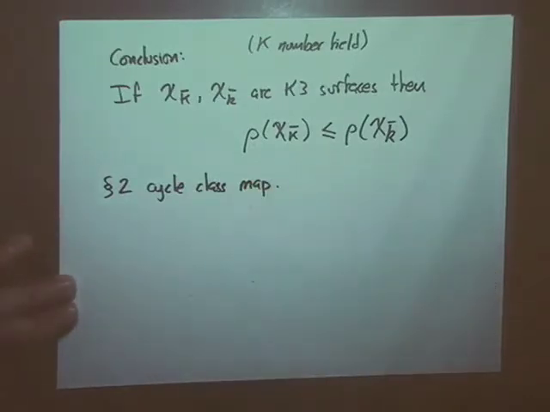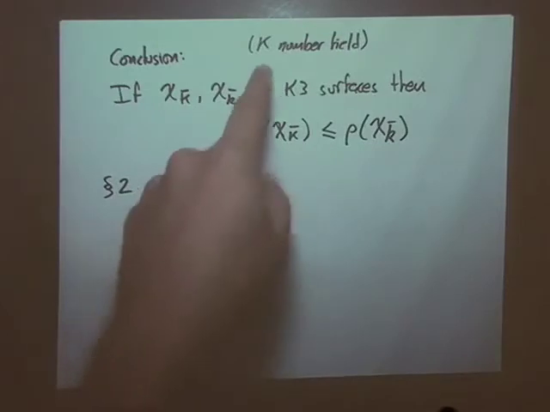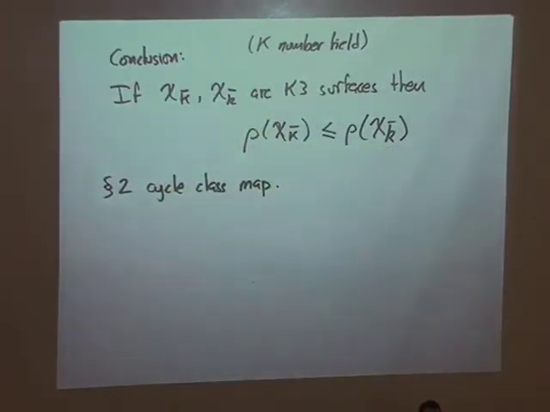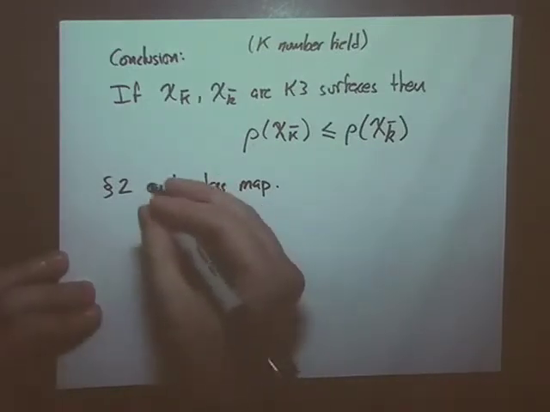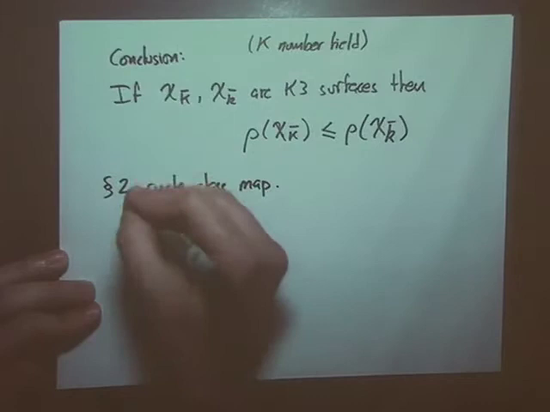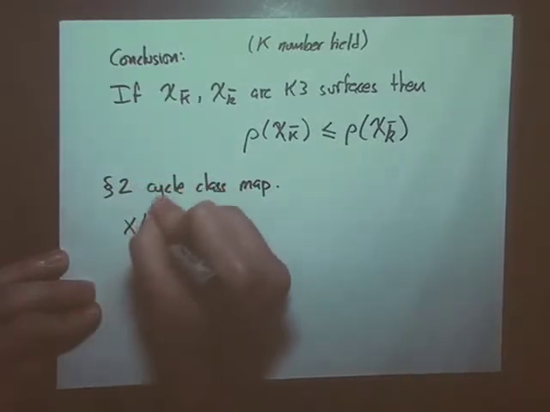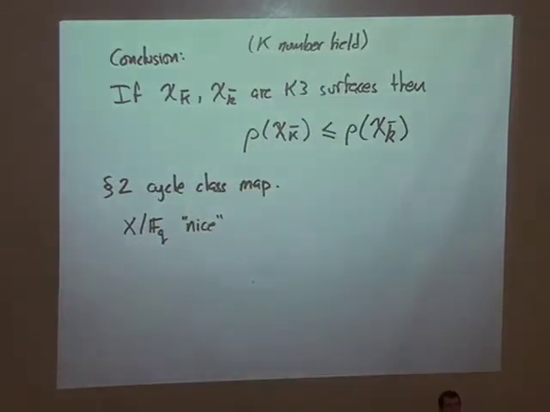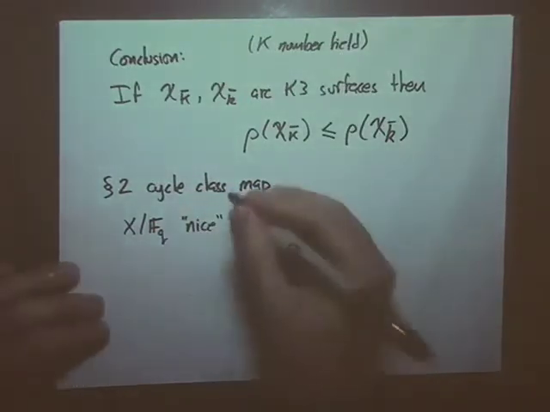Okay, and so I need a little bit of setup. Since I'm going to be looking at these number fields, my little k is going to be some finite field. So let me start with varieties over finite fields. I'm going to have my X over F_q. This is going to be a nice variety, and by nice I mean the usual adjective smooth, projective, geometrically integral.